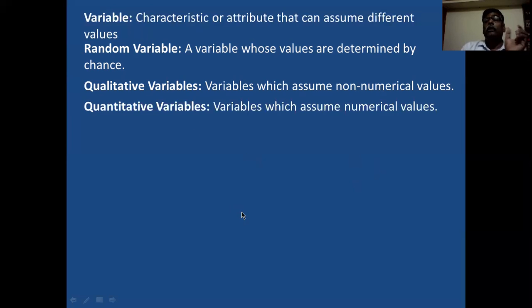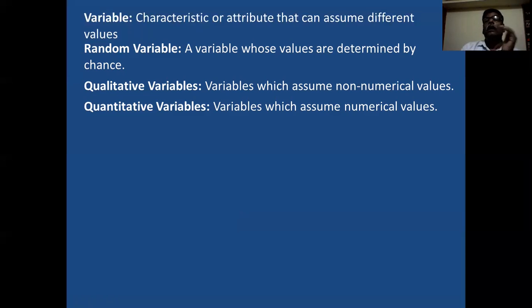Then another is the quantitative variable. A quantitative variable is connected with numerical terms, which assumes numerical values. It means the variable can be expressed in terms of numerical values.